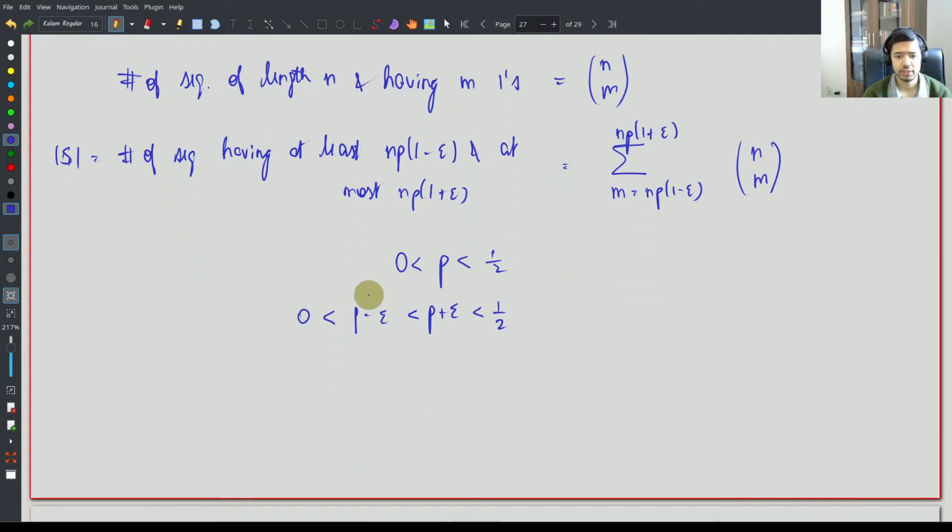There's absolutely no loss of generality in assuming this, and basically everything works in a very similar fashion.